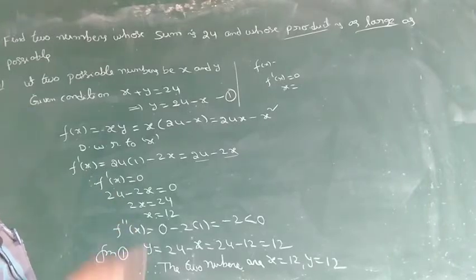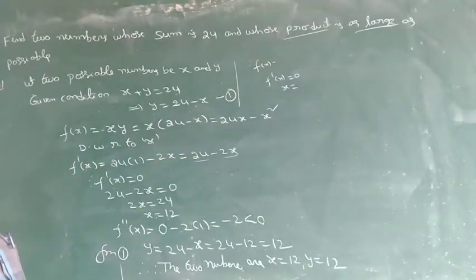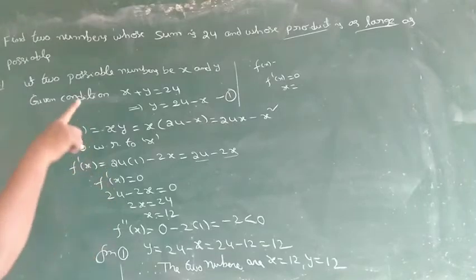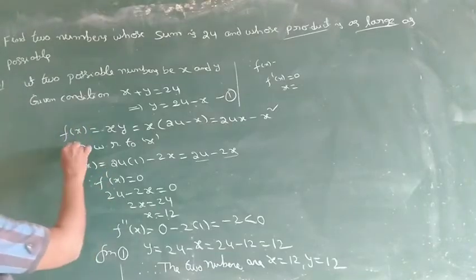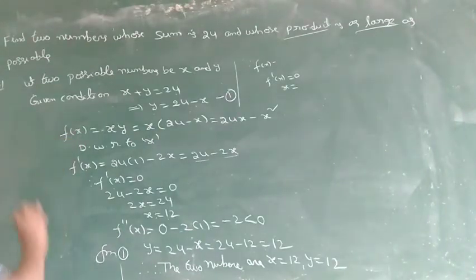As large as possible, maximum profit, this type means take f of x. And the procedure is same, the working rule, f dash of x equal to 0.